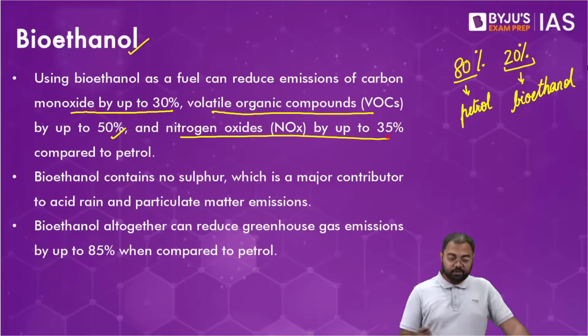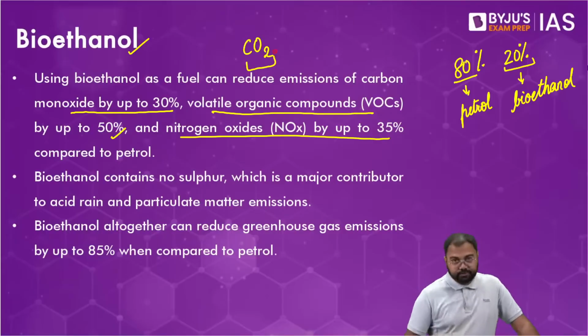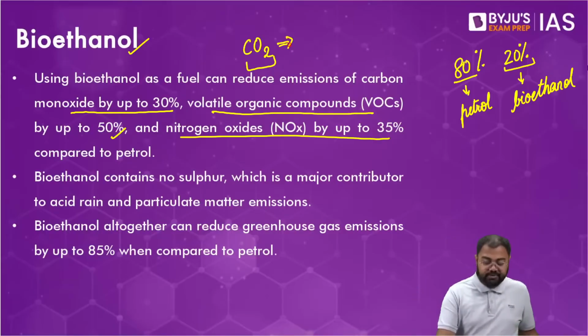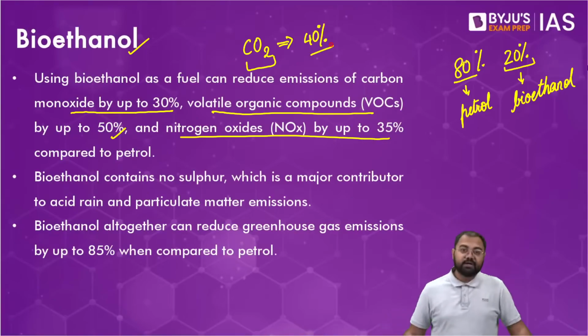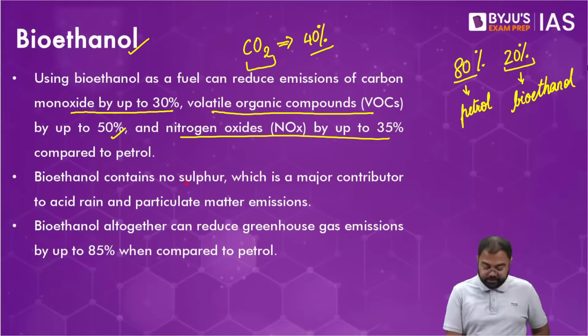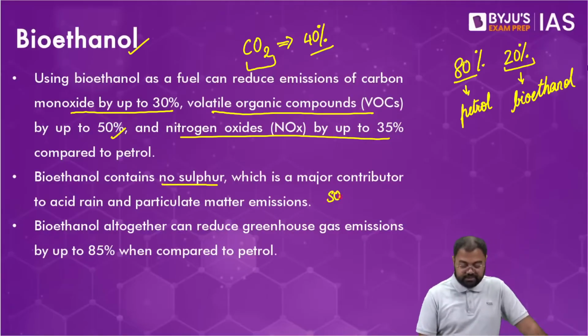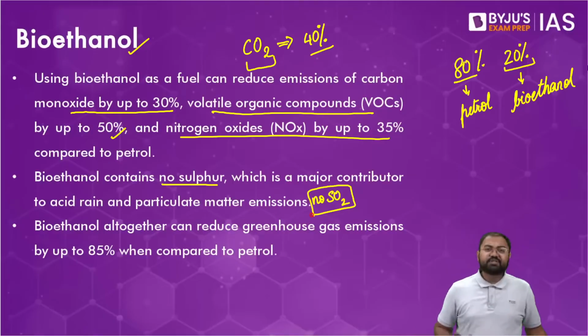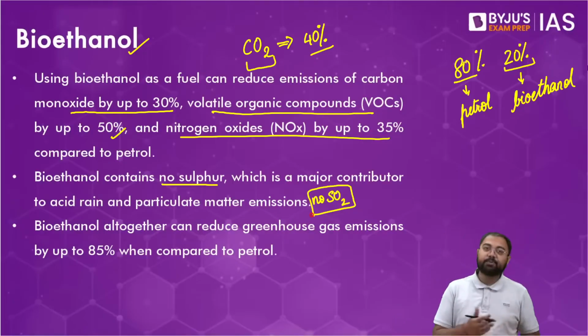Apart from that, it also reduces carbon dioxide emissions, up to 40%. Coming to sulfur dioxide, because it contains no sulfur, there is no sulfur dioxide emission. So in this manner, we understand these things about bioethanol.